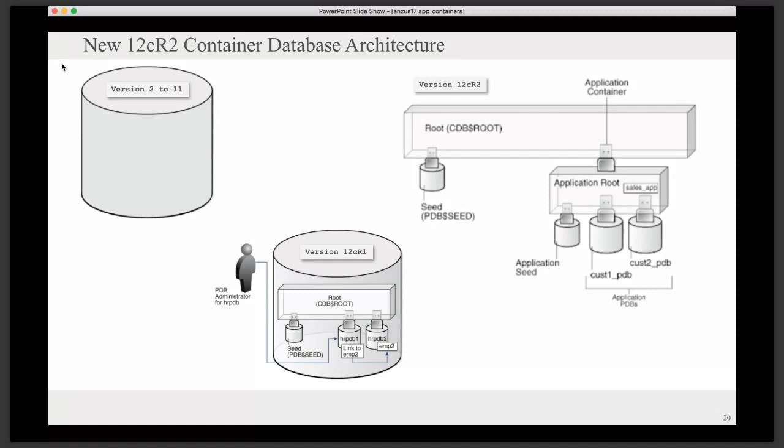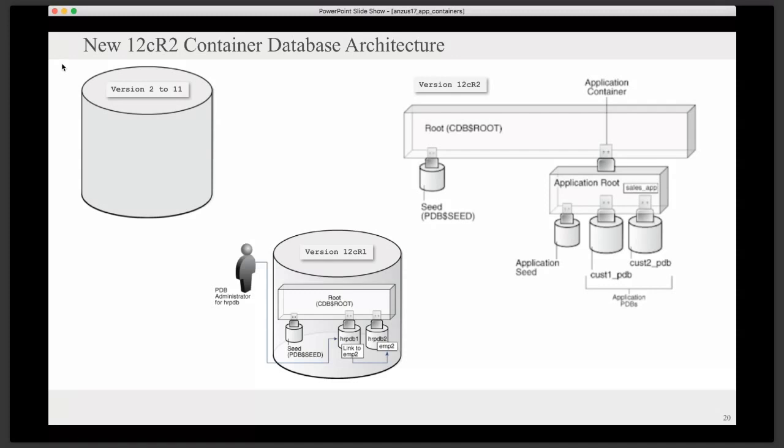Again, there's that isolation. Customer 1 can't see customer 2's data and can't even look at common data dictionary objects. They both look at $ users or $ database or $ instance. They're looking at completely different information because it's specific to their container or their pluggable database. So improved security, improved a whole lot of different aspects of the way the database worked.